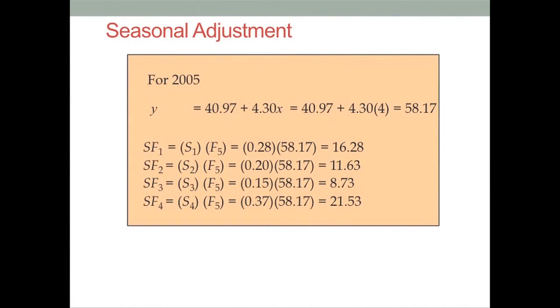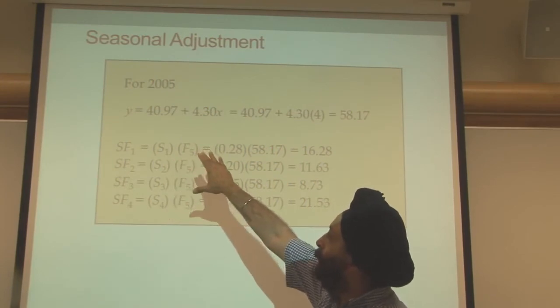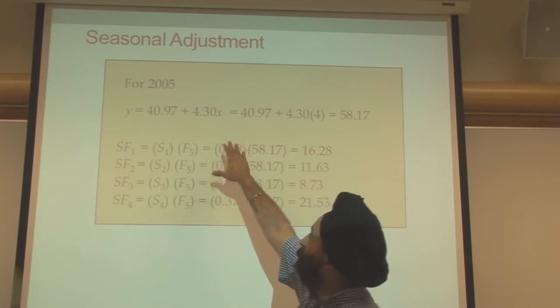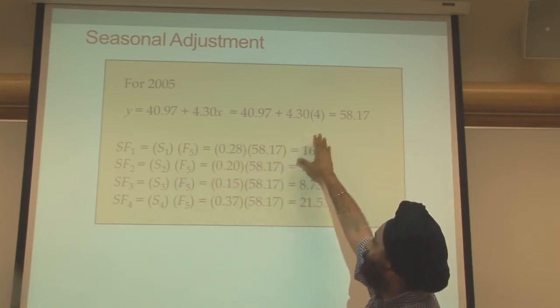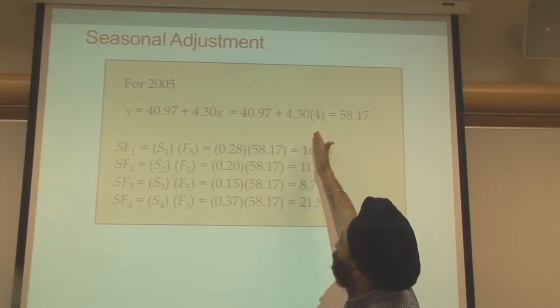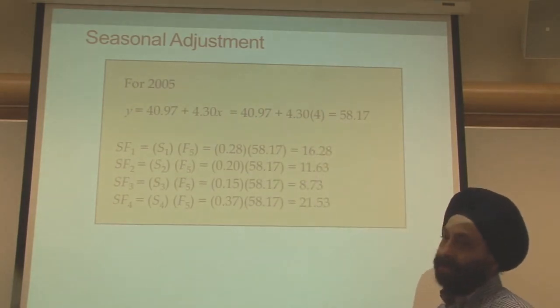For example, for year 2005, if we were to use the linear trend line, in this case, y is 40.97 plus 4.3x. So in that case, you plug in 4, which is the fourth year, and you get 58.17.